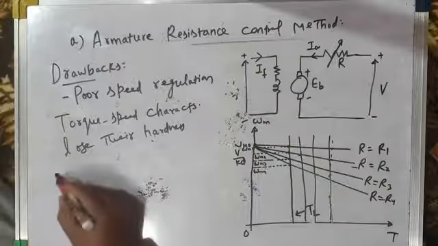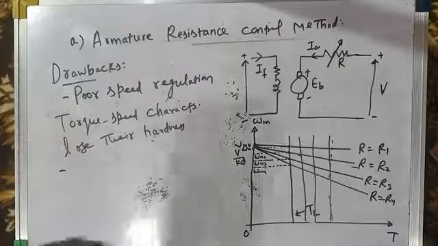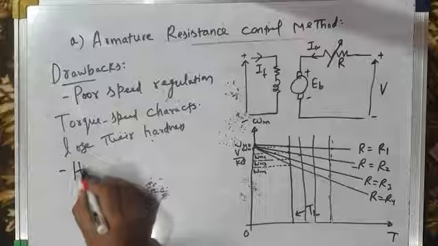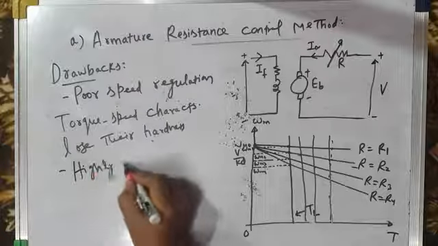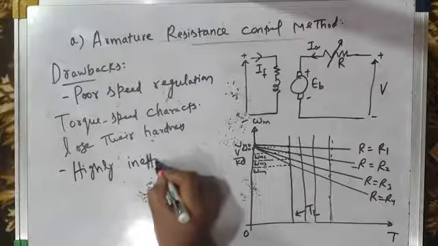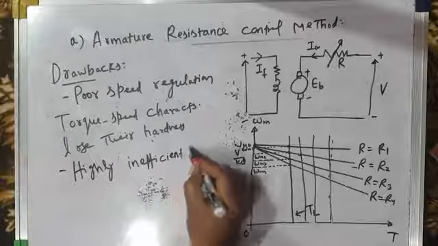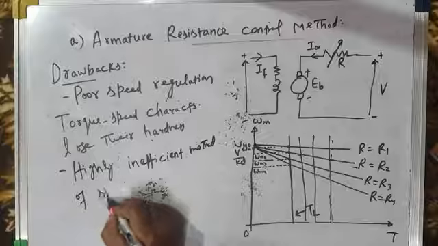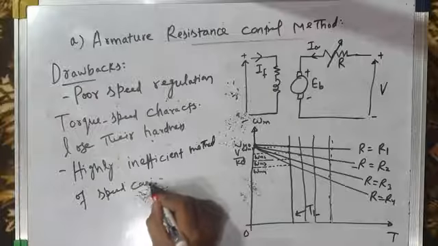Another drawback is that this method of speed control is a highly inefficient method of speed control. Why?